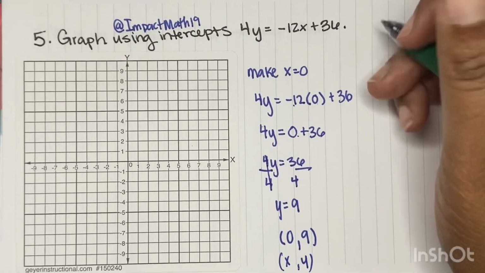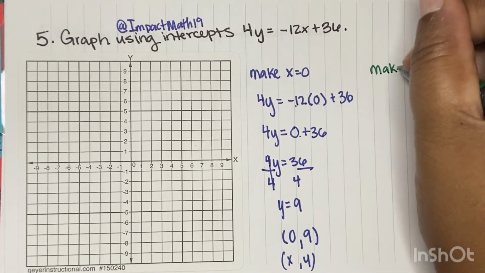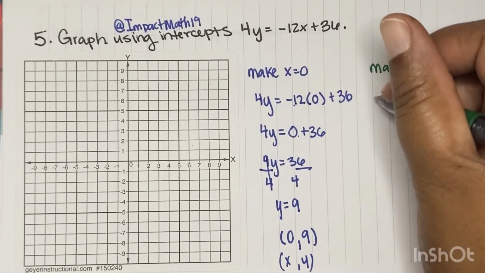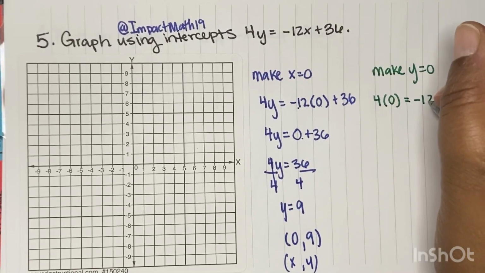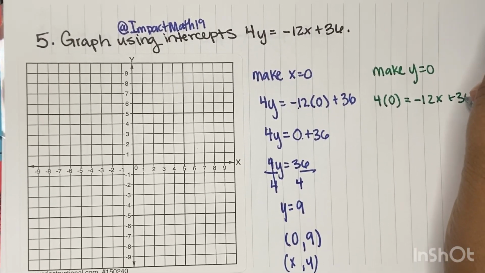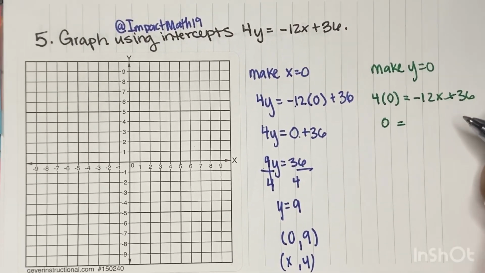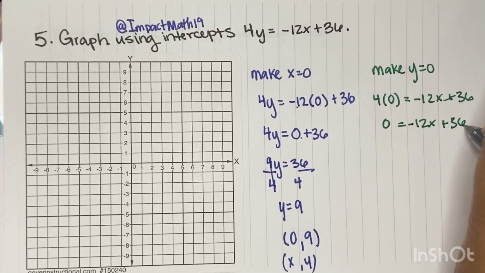Let's solve for the x-intercept. So we're going to make y equal to 0. So we're going to do 4 times 0 equals negative 12x plus 36. So 4 times 0 is 0. And then you go negative 12, drop down everything else. Okay.